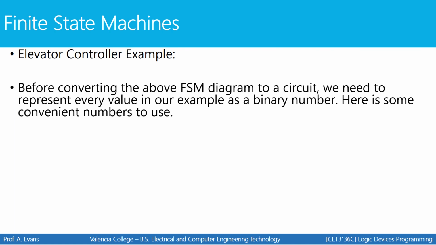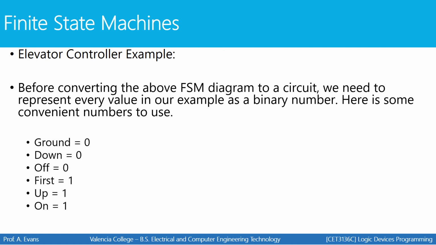So before we can convert our state diagram into an actual circuit, we need to translate these values, up, down, green light on, red light off, etc., into a binary number so that we can represent everything using a state with a unique value. So we're going to decide that ground is 0, down is 0, and off is 0.